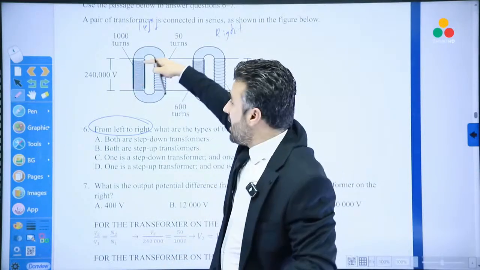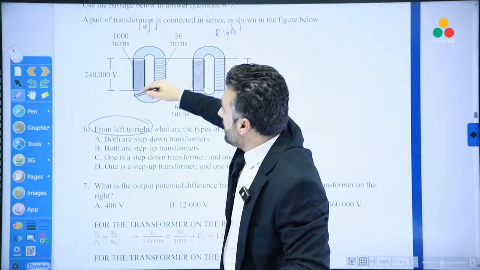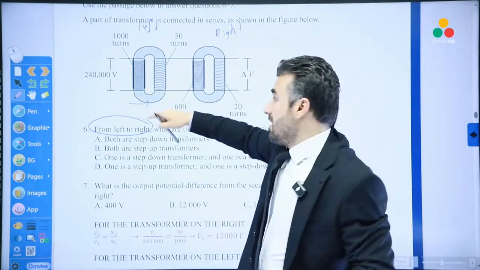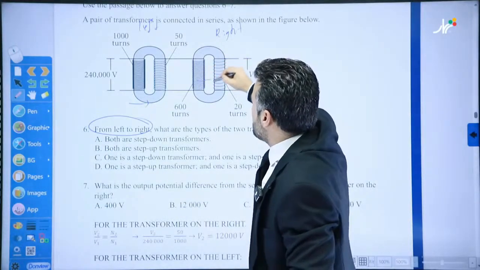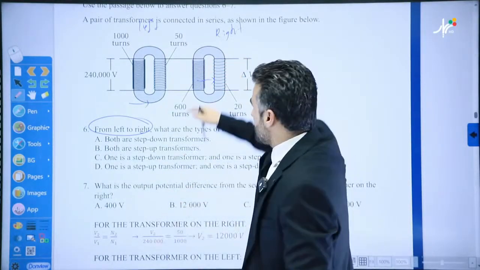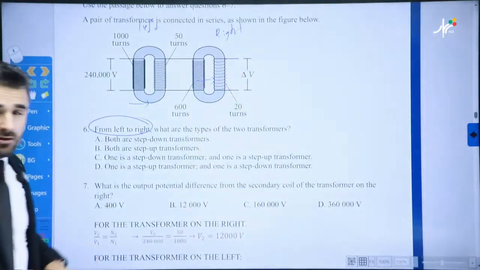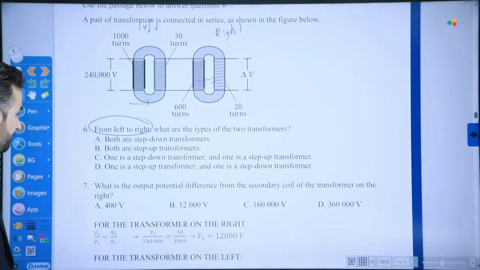You can tell from the diagram, more turns, less turns. So going from left to right, is it a step up or step down? You have to tell me: step down transformer. What about this one here? This is also a step down transformer because there are more turns in here compared to this, even without looking at the numbers surrounding these two transformers.